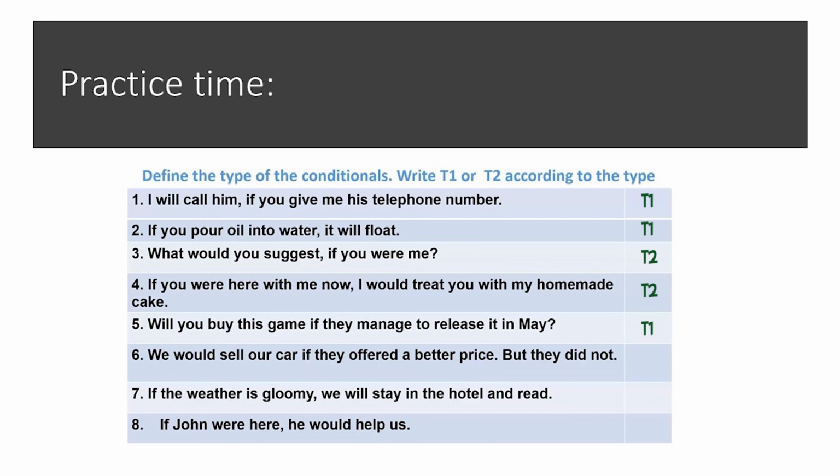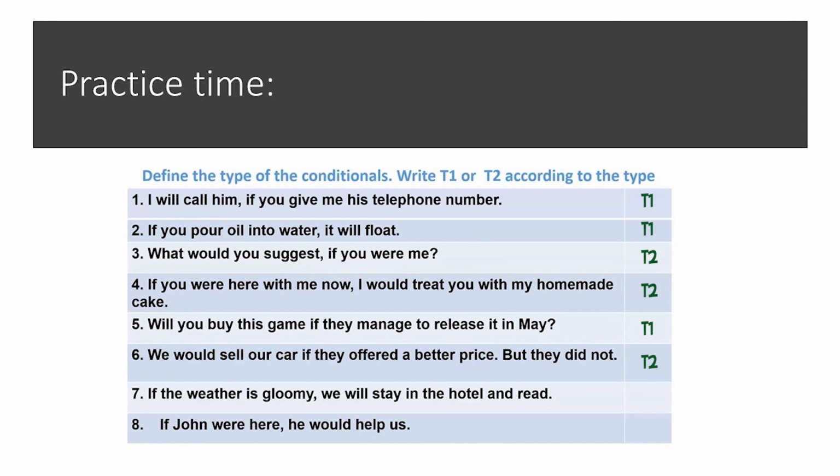Number 6, we would sell our car if they offered a better price, but they did not. So, unfortunately, they didn't offer a good price and we didn't sell this car. This is also second conditional.